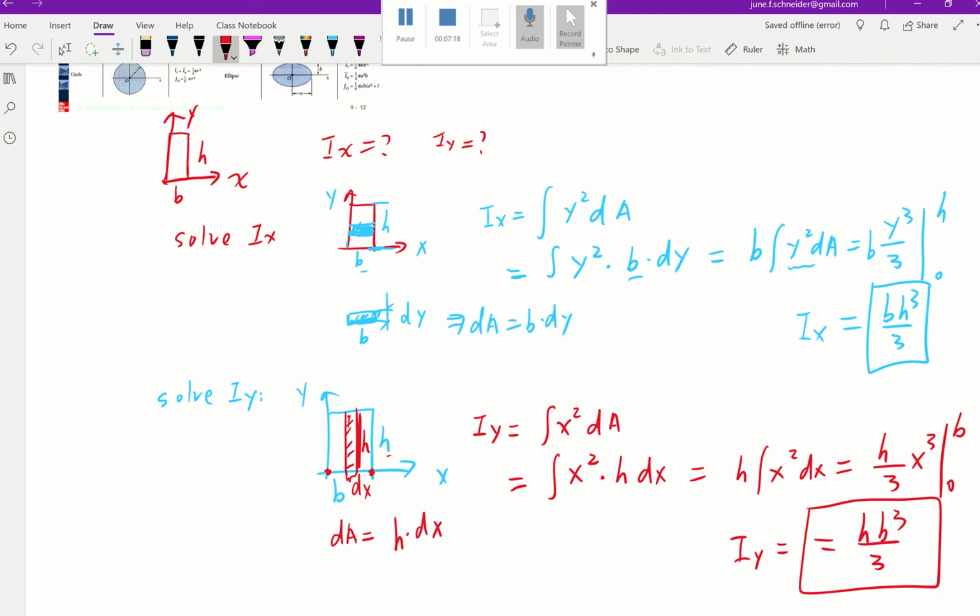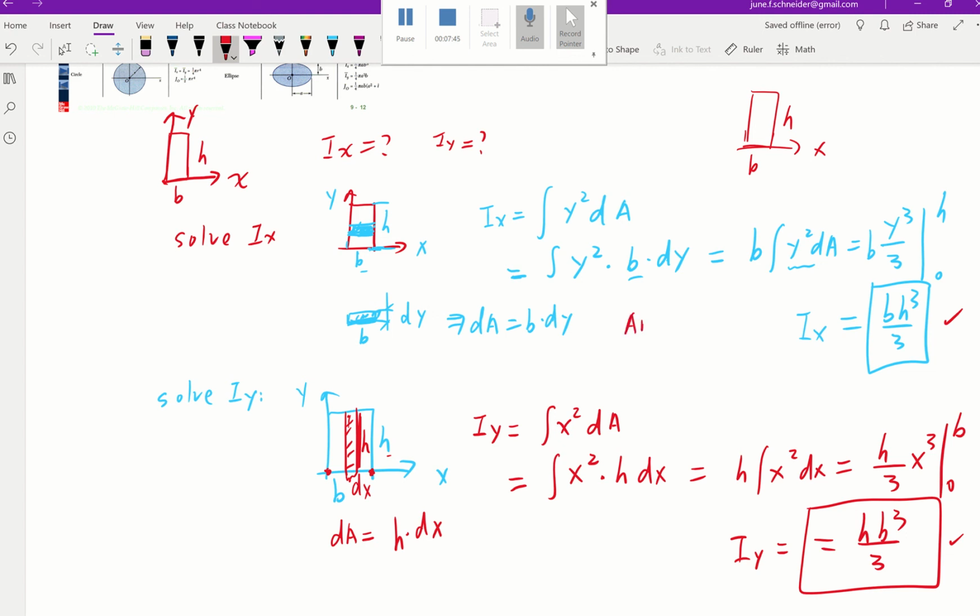Okay, so I want to take a moment to compare Ix and Iy. For this rectangle, if I'm rotating about the x direction, I have h being cubed, right? And you realize if I'm rotating about the x direction, what matters is how much area is distributed away from your rotational axis.